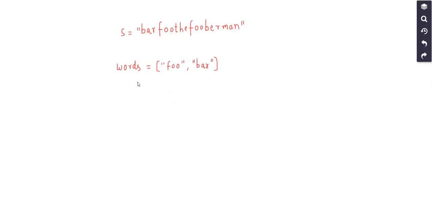Let's understand how the answer for this input test data will look. We know from the problem statement that the length of strings given in the words is the same. Let's say it is k, and the length of the words array is m. Then the substring that we want to search in the given parent string is of length k into m, because the substring must be a concatenation of all the words.